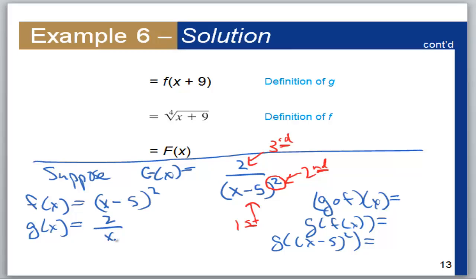Well, g is 2 over x, so I'm replacing x with x minus 5 squared, and I end up with 2 over x minus 5 squared, and that is indeed my capital G function. Because this is the same as what I started with here. So if I use lowercase f as x minus 5 squared and lowercase g as 2 over x and compose them, I get my capital G function.